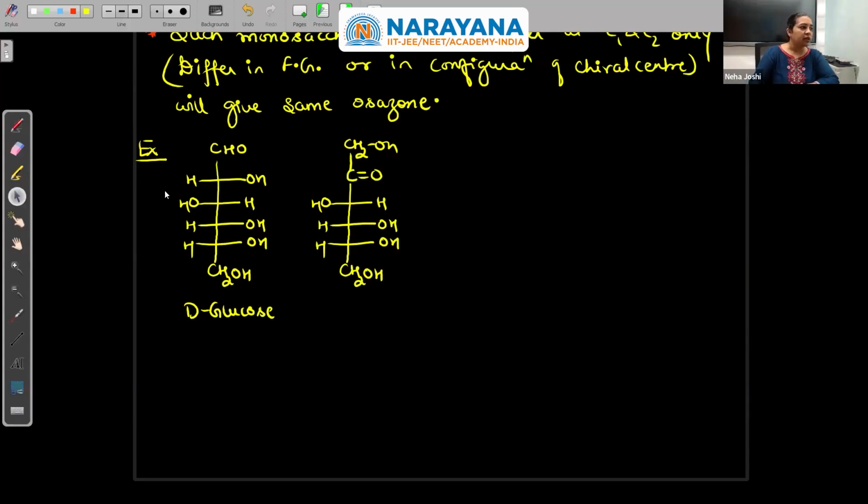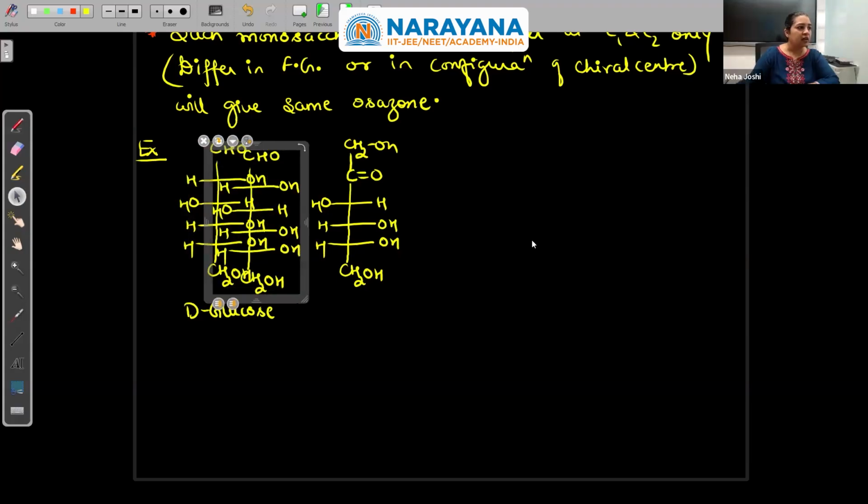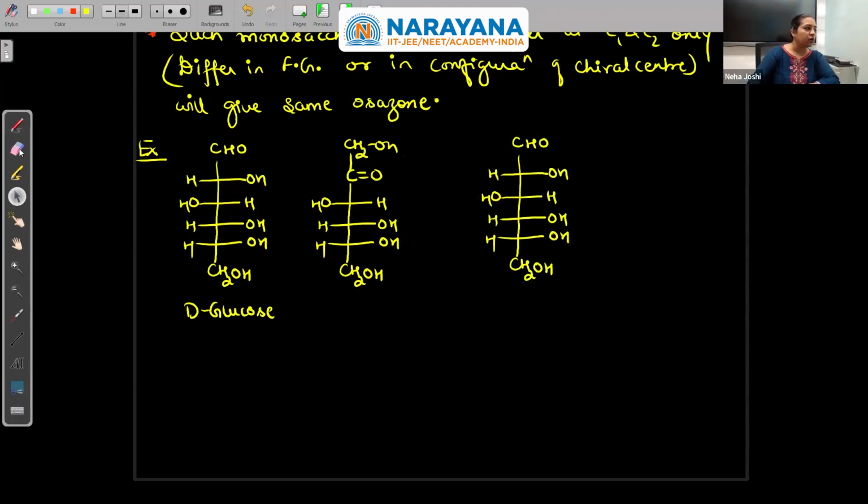Similarly, there is one more possibility. With this change, left, left, right, right, this was D-fructose. I think all of you must be remembering this.